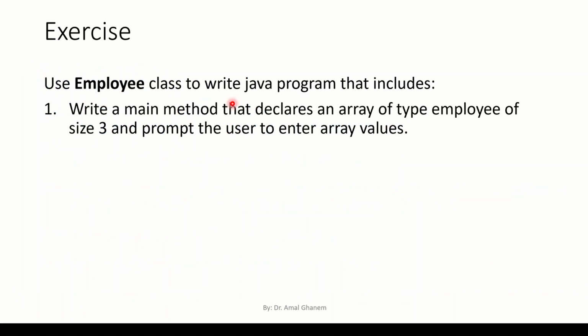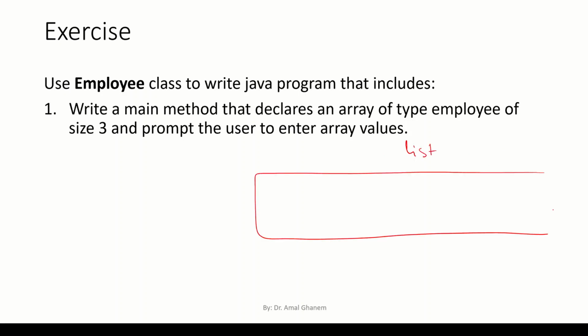So here it says, write a Java program that will have the main method that declares an array of type employee of size 3 and asks the user to enter array values. So we need to write another class such that we have to declare an array, let's call it list, such that we should have three employees, and the data we save should be of type employee.